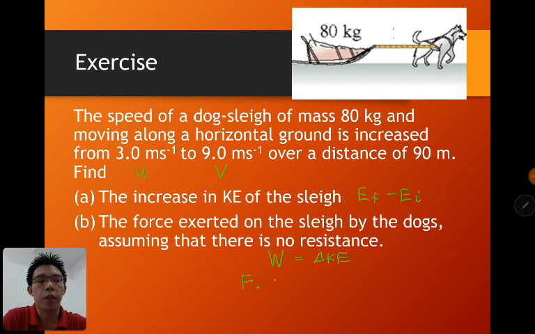It causes the distance of 90 meters. So you use your answer from part A, you sub in the 90, then that force should be the force exerted by the dog, okay, because there's no air resistance or frictional force.